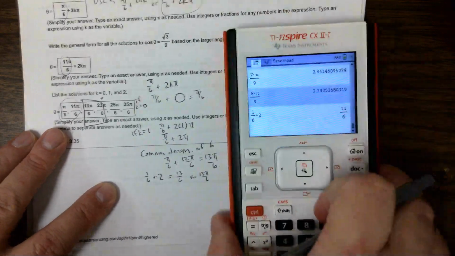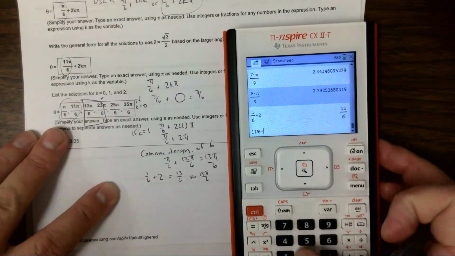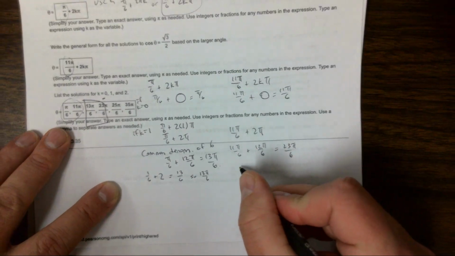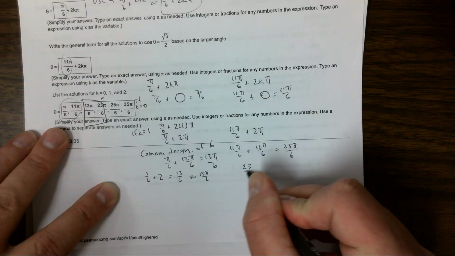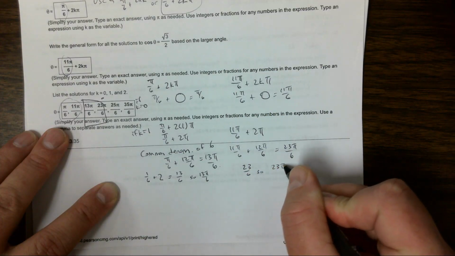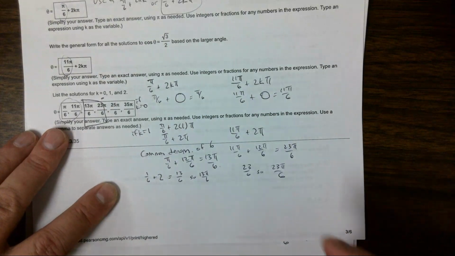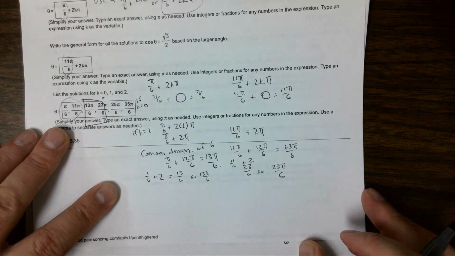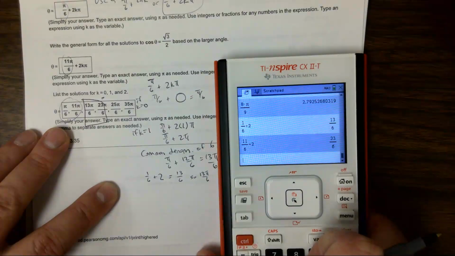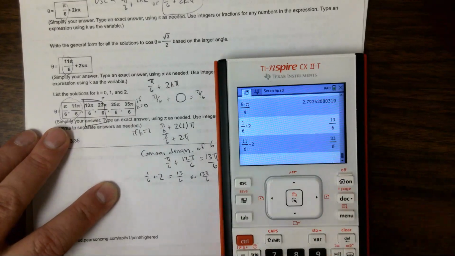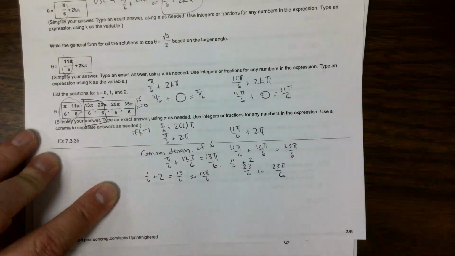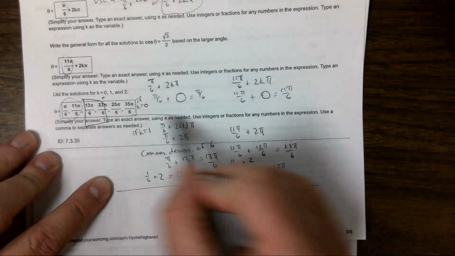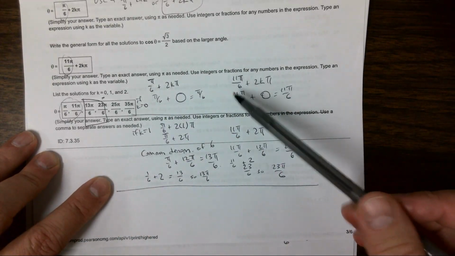And 11 sixths plus 2 is 23 sixths, so 23 pi 6. So again, you can do it that way if you want. It's pretty handy that the calculator converts to make the improper fraction. Okay, so those are two of our answers. So that's if k is 1. So we've covered when k is 0, k is 1.